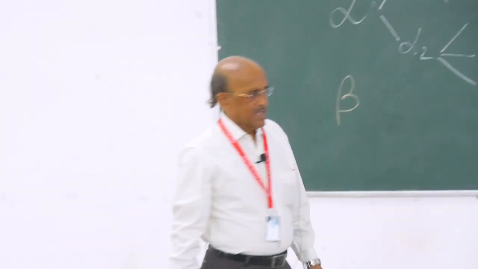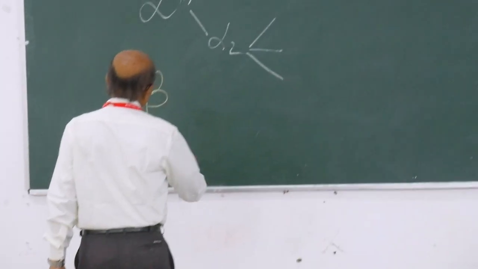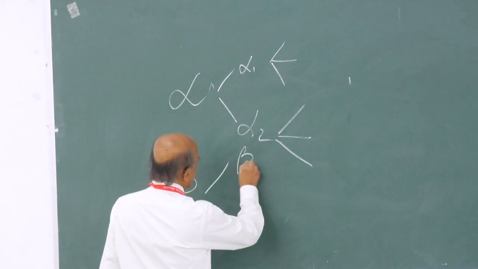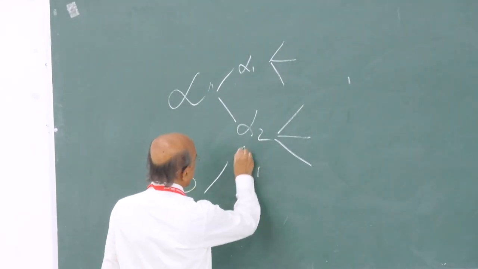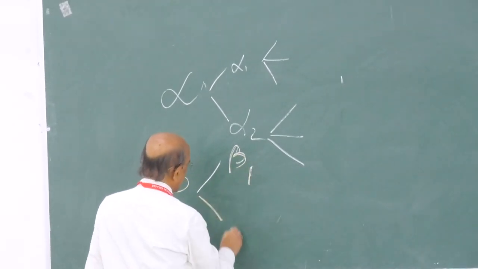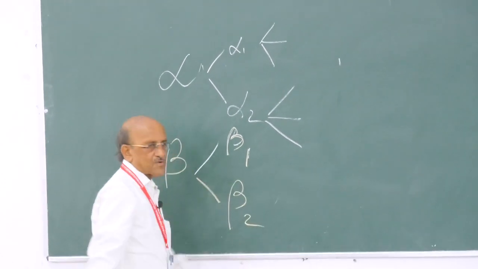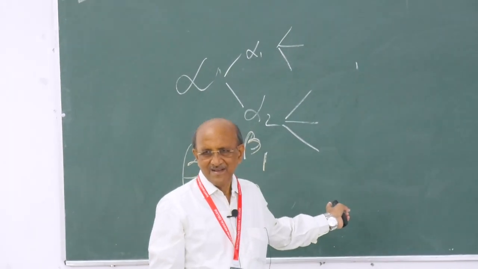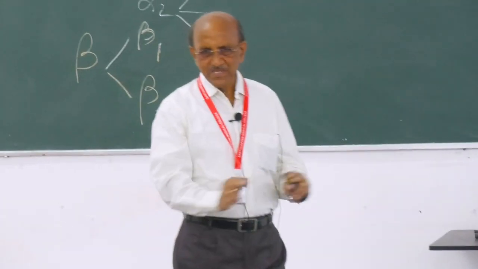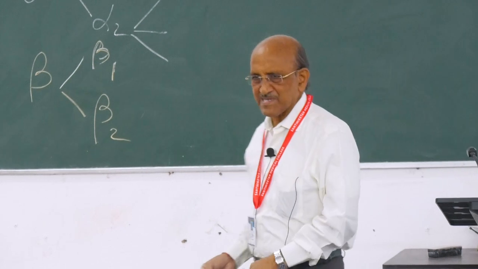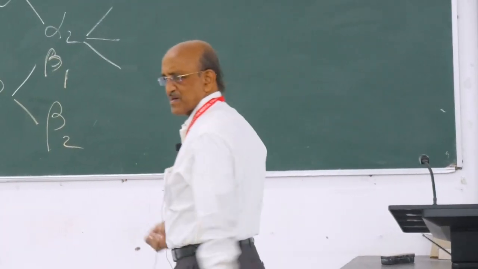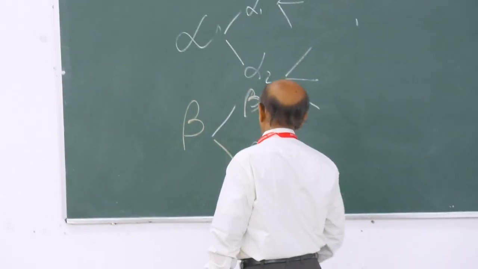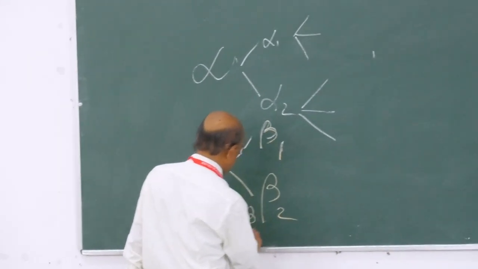In case of the beta receptor, there are two types, beta 1 and beta 2. No further subdivision. It is a very good receptor. No other subdivision. They act either on the beta 1 receptor or beta 2, or the other is beta 3, which is not a very important one.